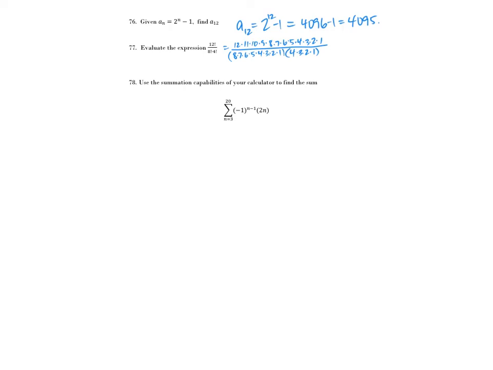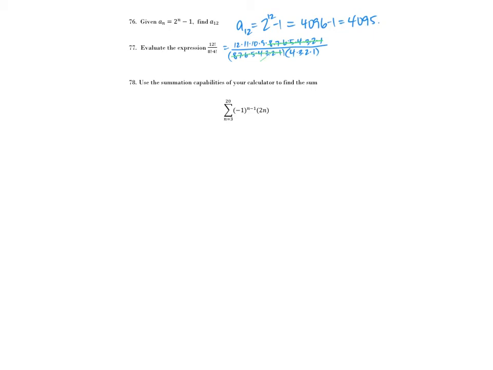One thing you might notice is that the 8 factorial and the 8 through 1 in the numerator are the same. So 8 over 8, 7 over 7, 6 over 6, those all make 1. So I can reduce it down.